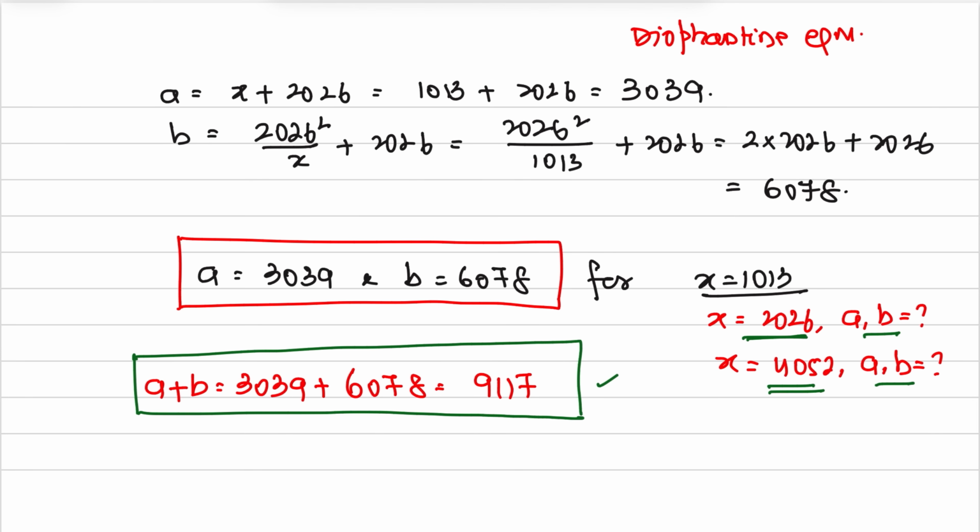Then we have to apply bounding values, upper bound and lower bound, the limits and the range of the given value, and then apply divisors, finding the divisors. Using the divisor, we will be finding A and B. This is a problem which involves many concepts of number theory and Diophantine equations.